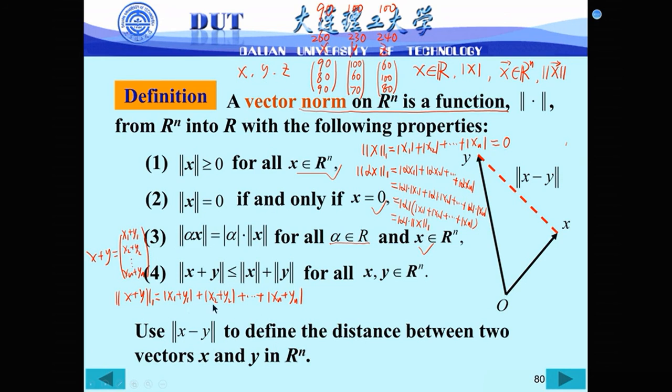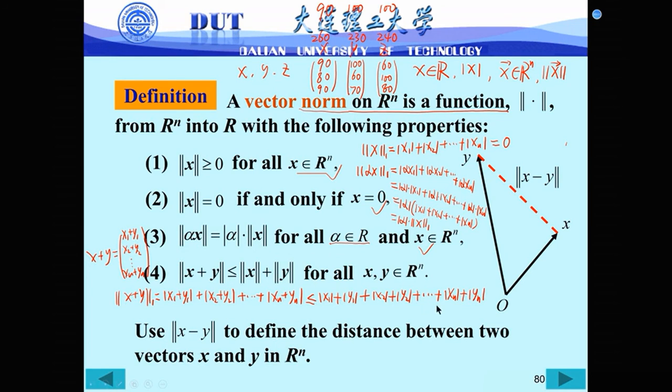So by the L1 norm, total score, of course we know by the triangle inequality of absolute value, the absolute value of x1 plus y1 is less than or equal to the absolute value of x1 plus the absolute value of y1, right? Continue. The absolute value of x2 plus y2 is less than or equal to the absolute value of x2 plus the absolute value of y2. Plus dots. Last term, the absolute value of xn plus yn is less than or equal to the absolute value of xn plus the absolute value of yn.